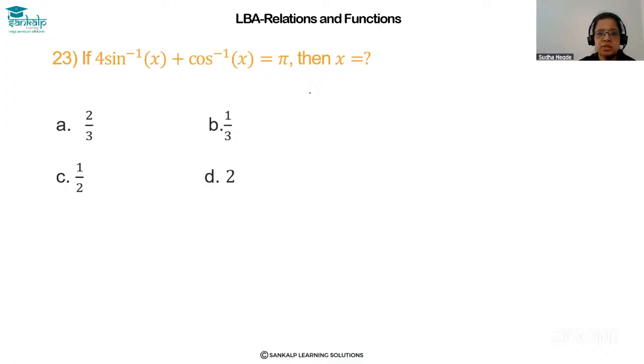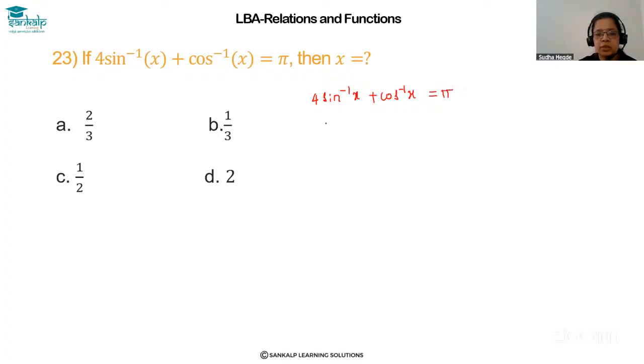Hi students, the question is if 4 sin inverse x plus cos inverse x is equal to pi, then what is x? Option A 2 by 3, option B 1 by 3, option C 1 by 2 and option D 2. So 4 sin inverse x plus cos inverse x is equal to pi.